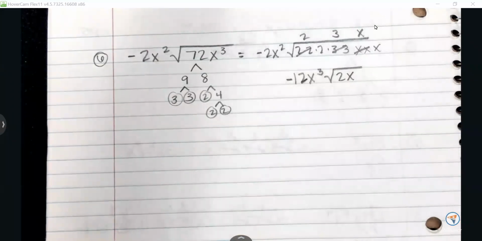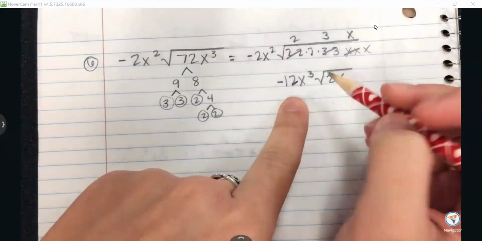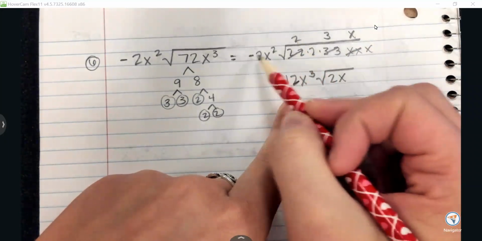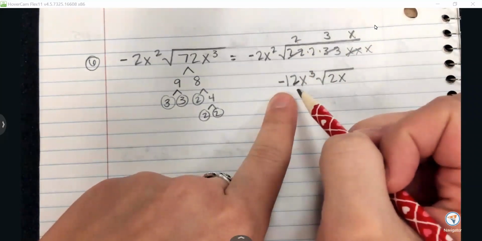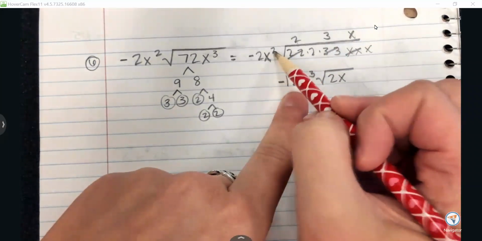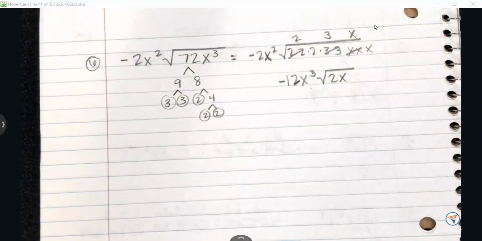Anybody else get that answer? Yes, no, maybe. Where did I get negative 12 from? The 2 times 3 is 6 times negative 2 is a negative 12. X cubed is because I already had 2 x's outside, with one more would give me x cubed, and then inside is just 2x left over.